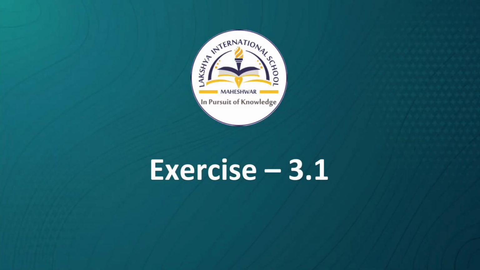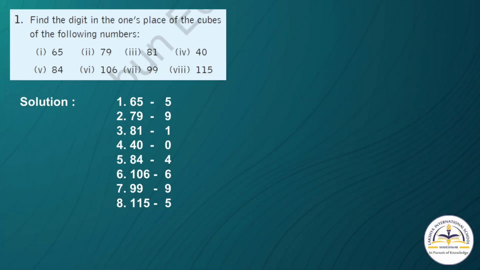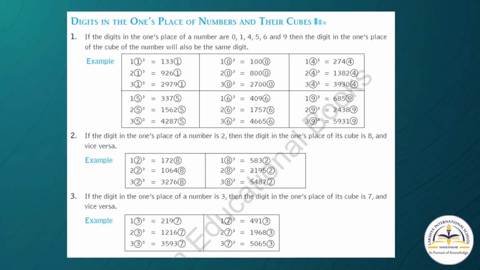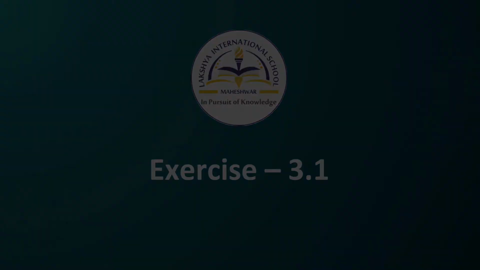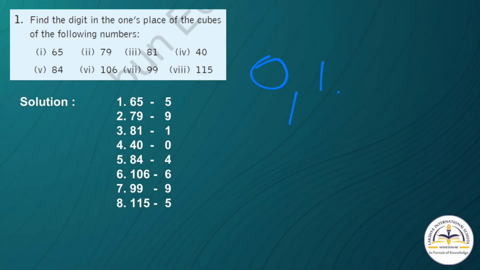Exercise number 3.1. Find the digit in the ones place of the cube of the following numbers. Here 65: as you can see in our property, the digits 0, 1, 4, 5, 6, 9 are the digits in the ones place that will be the same in the cubes also.